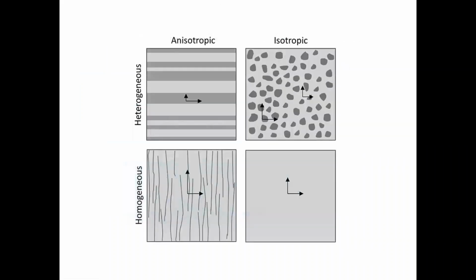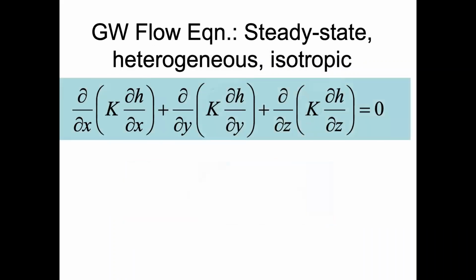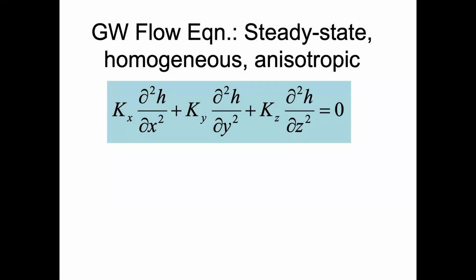So if we look back here, now we are in a system that's anisotropic, but we're homogeneous. Again, a fractured shale system may be something that we're thinking of, or a fractured granite system. Same material everywhere we're moving within the system, but with a preferential degree of flow.